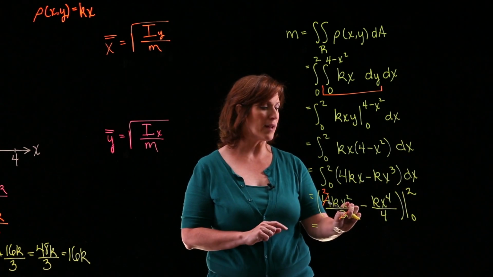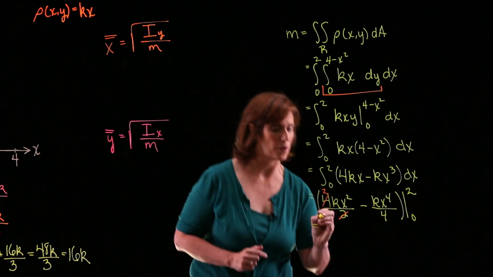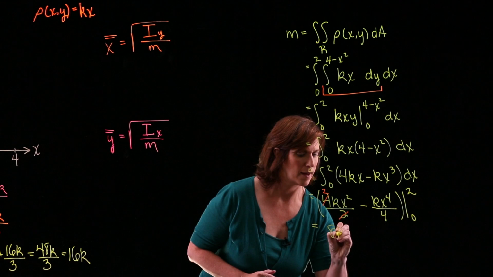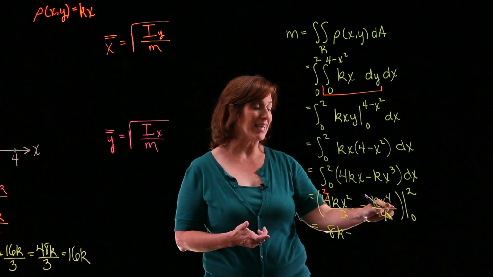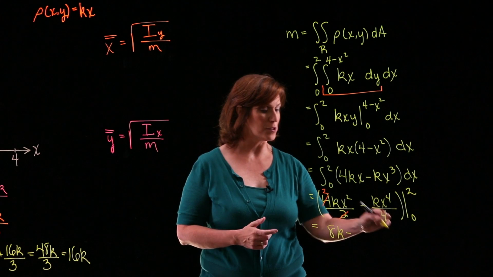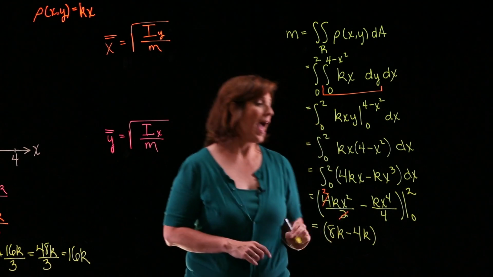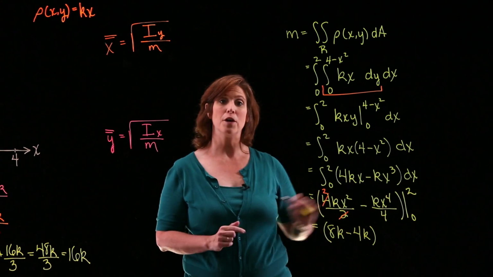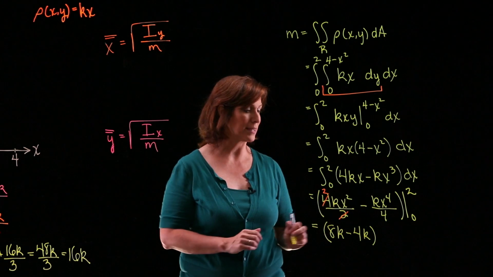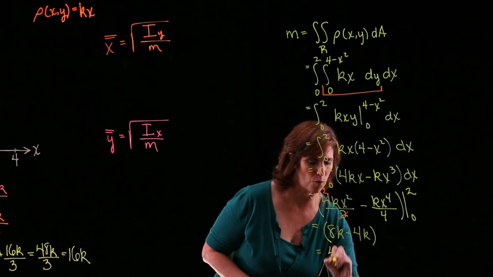Plugging in my upper limit, I'll have 2 squared, which is 4, times 2, which is 8. So I've got an 8k minus 2 to the fourth will be 16. 16 divided by 4 is 4, so I'll have minus 4k. And when I plug in my lower limit, because that lower limit is a 0, both of those terms become 0, so I'm subtracting 0. And my mass is going to be 4k.